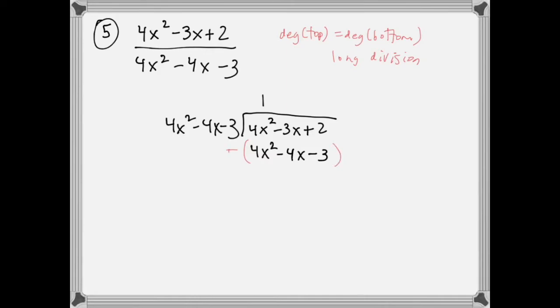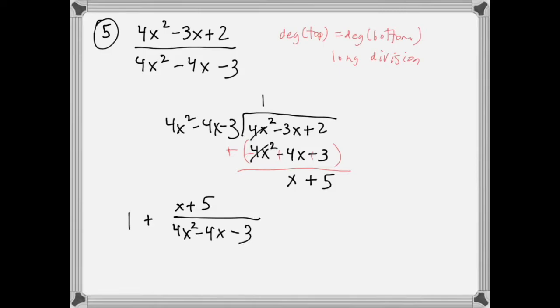So this actually allows us to change the signs here, and then let's see what we get. We get x plus 5. So we have 1 plus, and then the remainder is x plus 5 over 4x squared minus 4x minus 3.